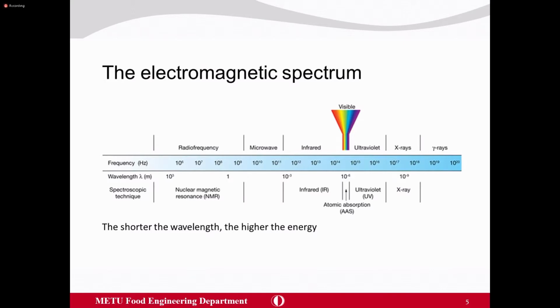The shorter the wavelength, normally the higher the energy, so compared to X-rays and gamma rays, we are talking about lower energy levels in NMR analysis.